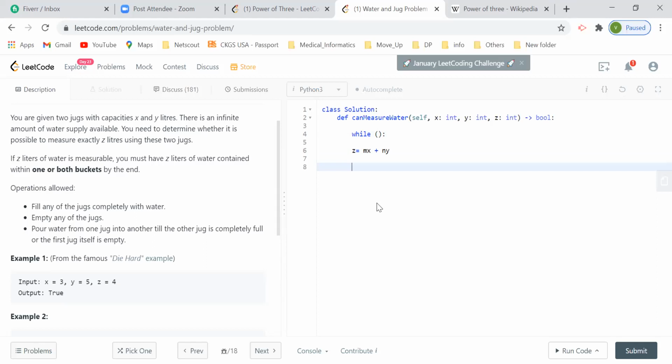So 3 plus 5, how do they get z equal to 4 then? This is a statement. So they have to do like half of 2.